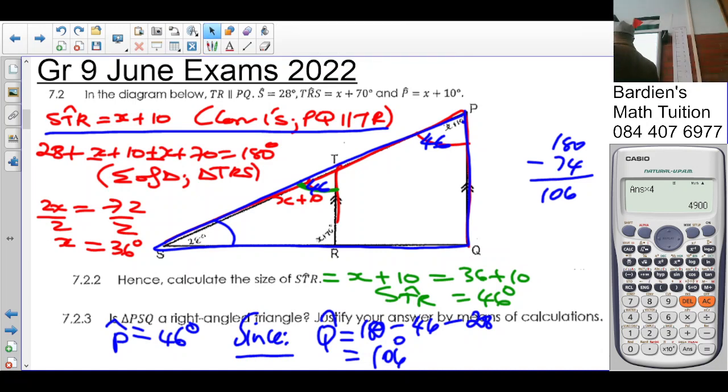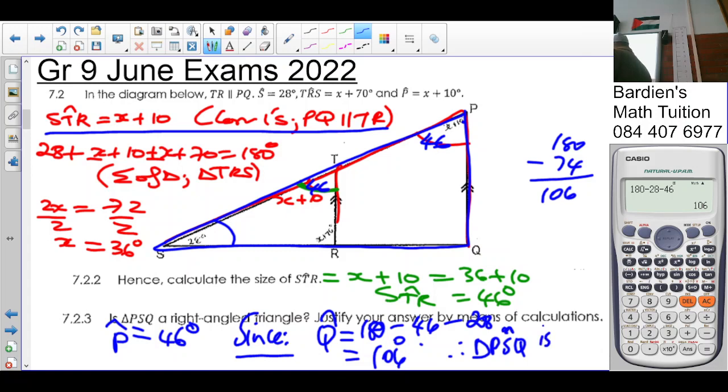So it's 180 minus 28 minus 46. Since angle Q is equal to 106, which is not 90, therefore triangle PSQ is not a right angle triangle.